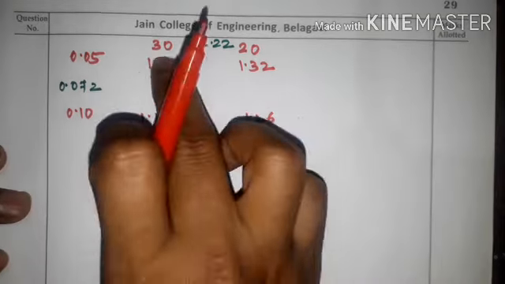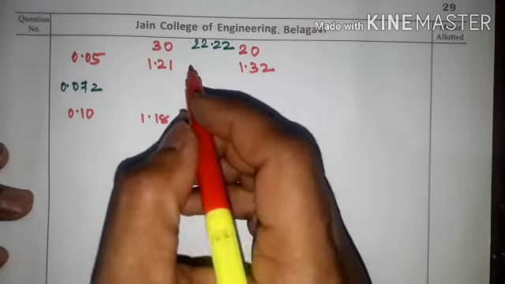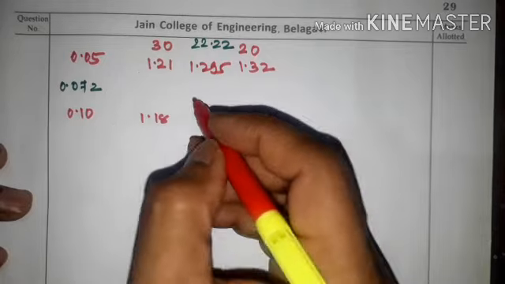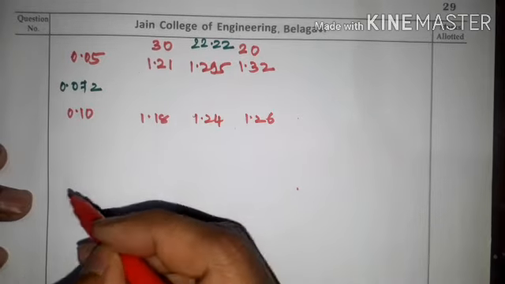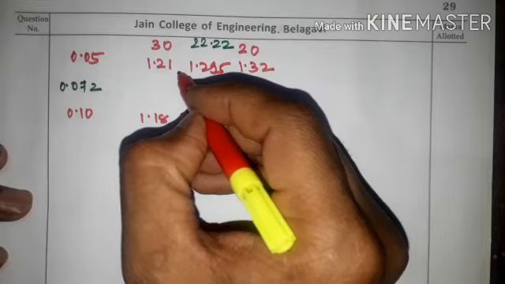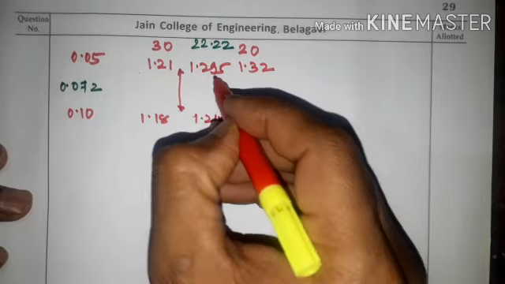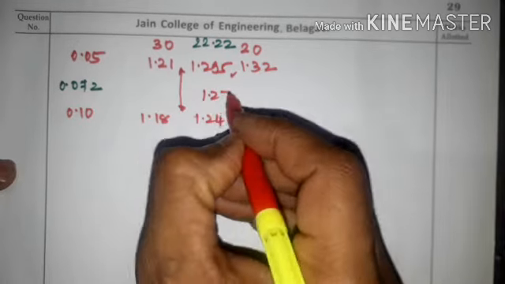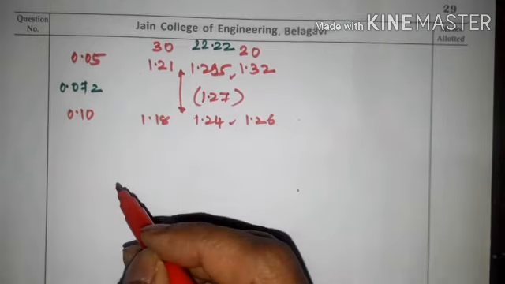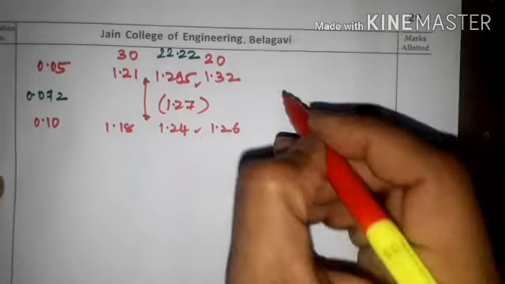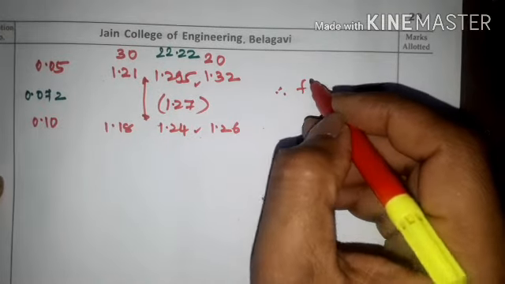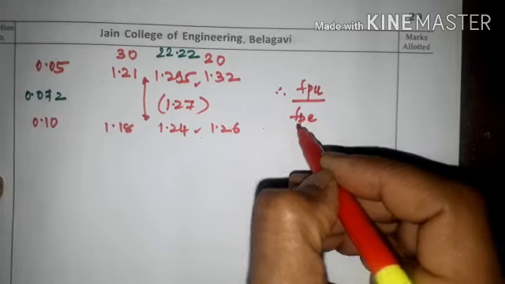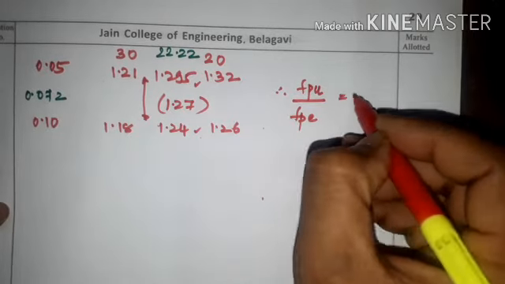Again I told you, you have to interpolate between these two and these two. After interpolation we got the value as 1.295, and this value we got as 1.24. And again we have to interpolate between these two, this and this. This value we got as 1.27. Therefore FPU by FPE is equal to 1.27.